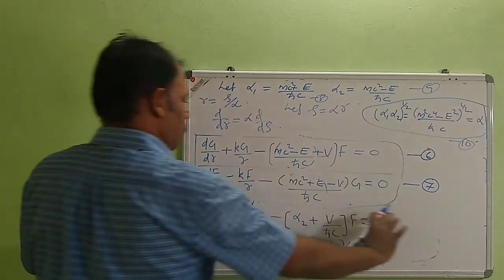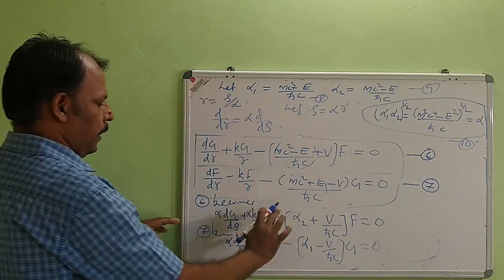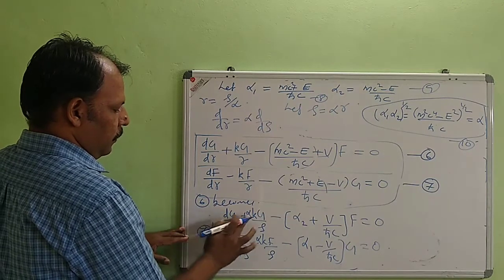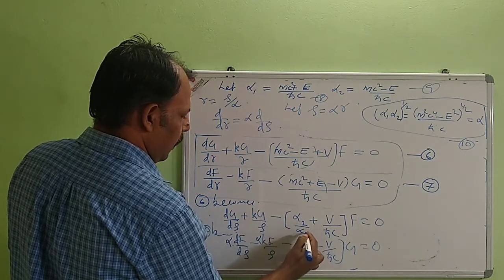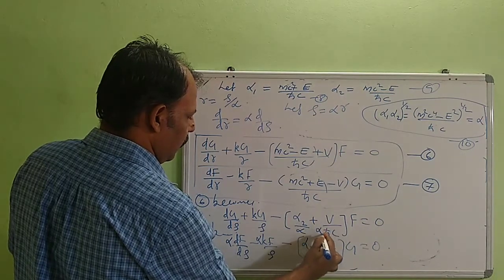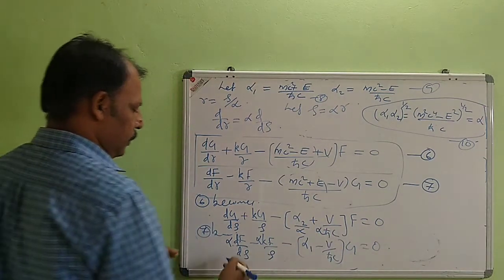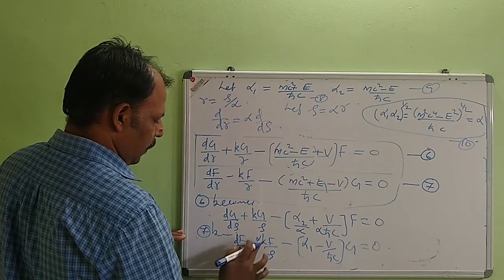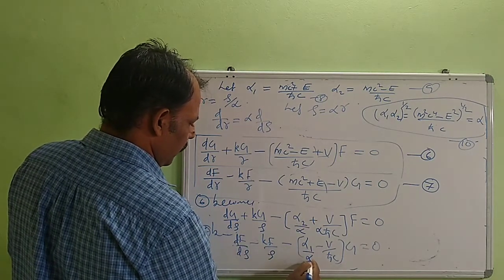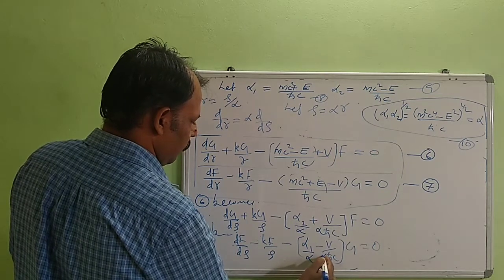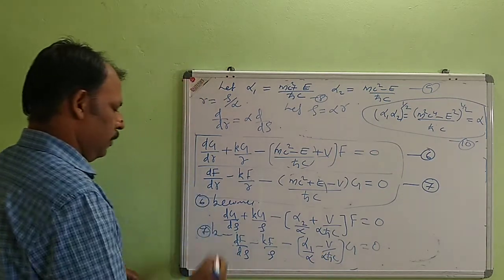Now dividing throughout by alpha, this alpha will cancel from these two terms. Here alpha 2 by alpha plus v by alpha h bar c, and minus alpha 1 by alpha minus v by alpha h bar c.